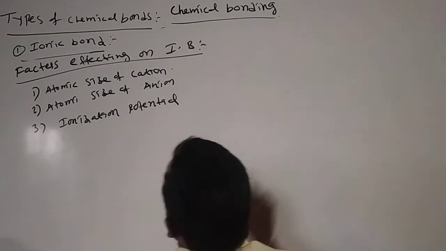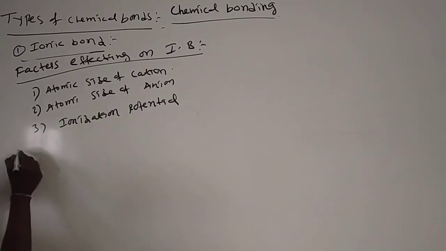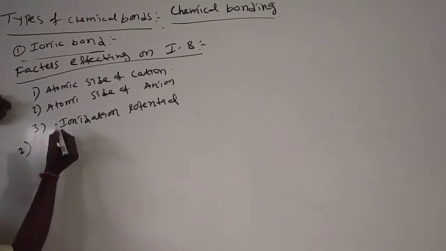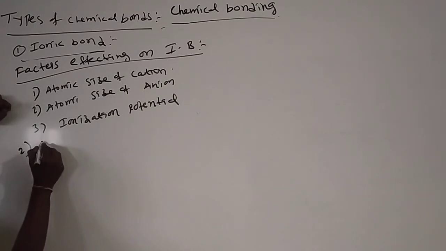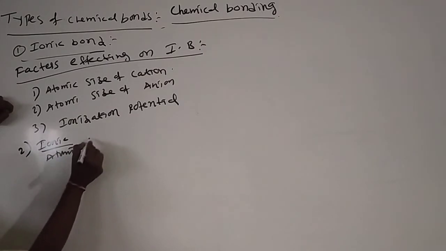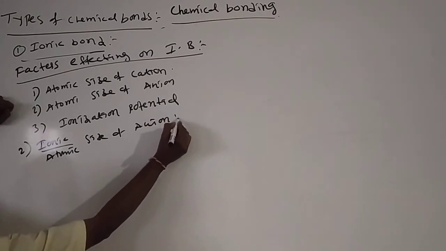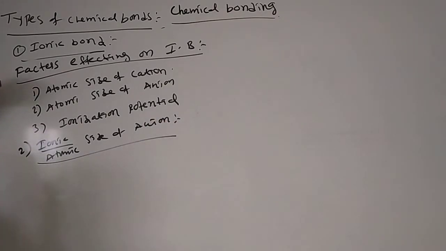Second one: atomic size or ionic radius of the anion.